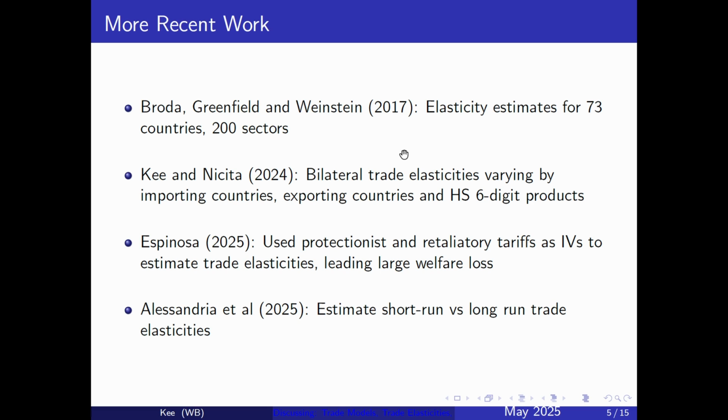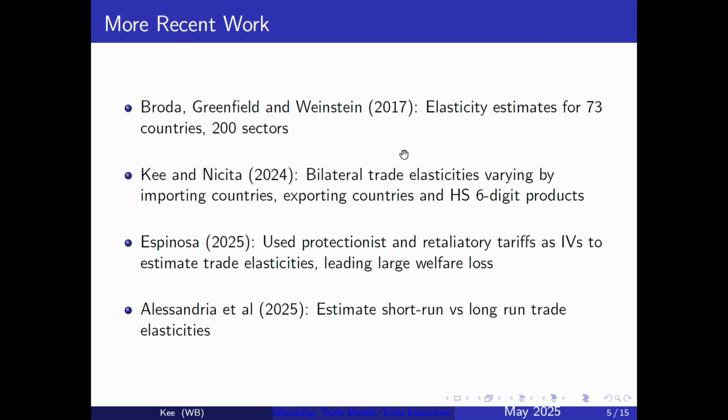Bilateral in the sense that now I really look at EU-US trade, EU-China trade, US-Mexico trade, EU-UK trade at HS 6-digit level, and then I estimate the bilateral elasticity with such detail. So I don't even want to count how many elasticities are in there. You can do the math.